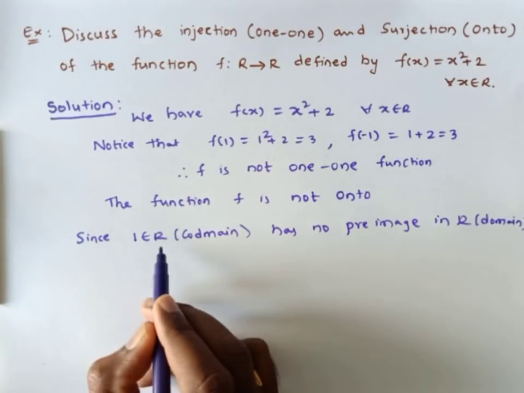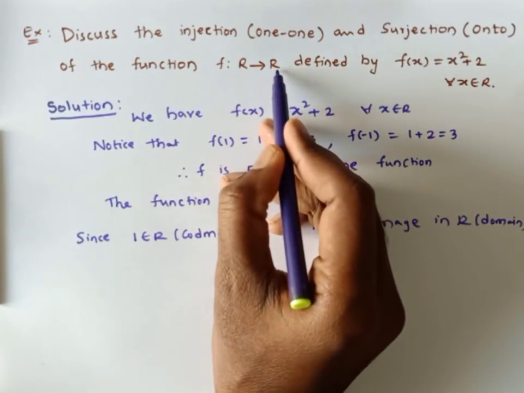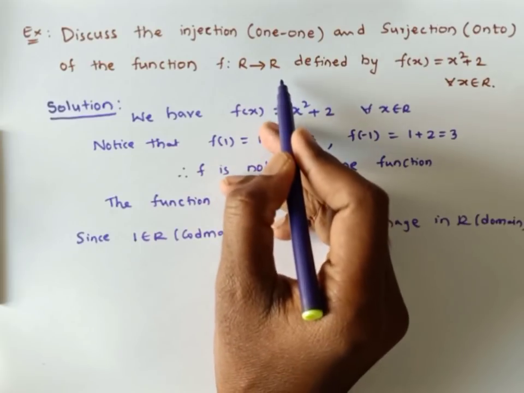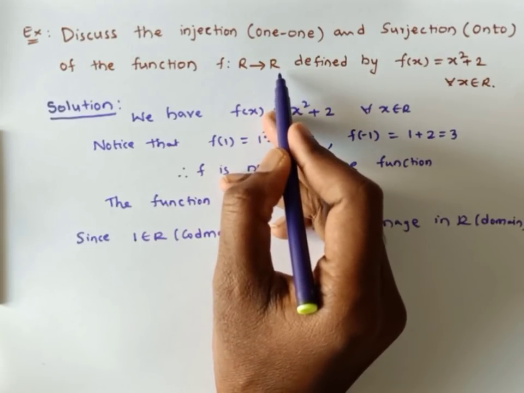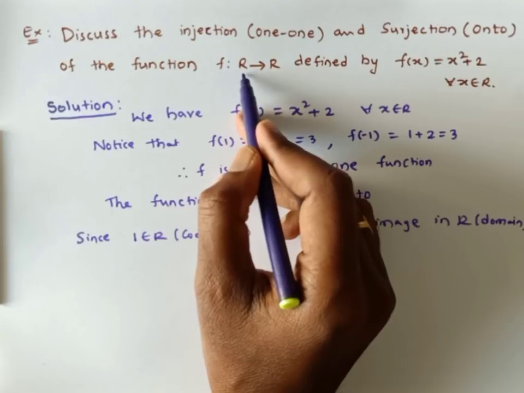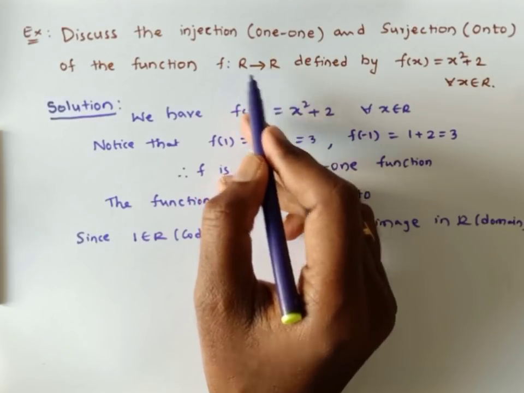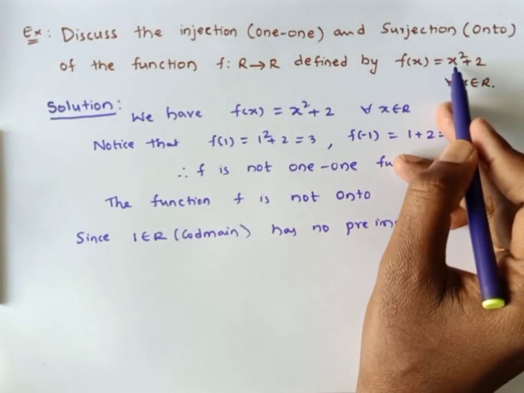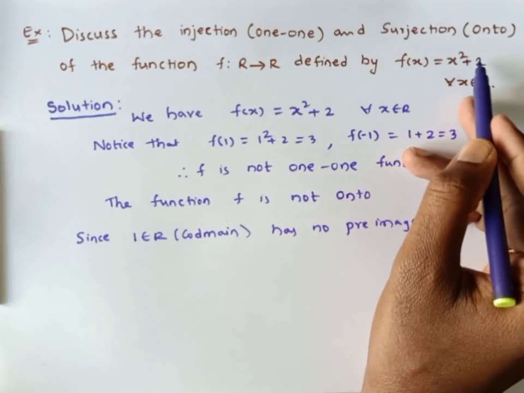Here in the second set, the codomain, 1 belongs to R, but this 1 is never mapped with any element from R. If we substitute x with any number, this is never 1.